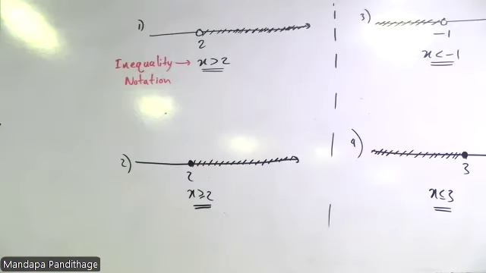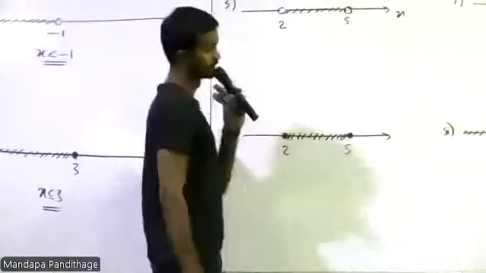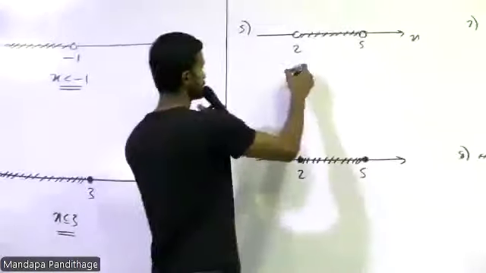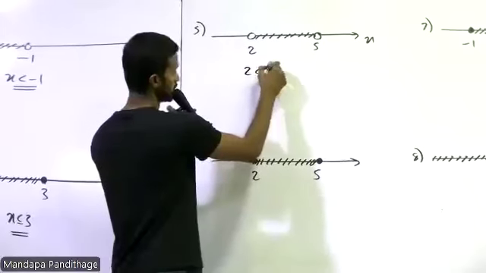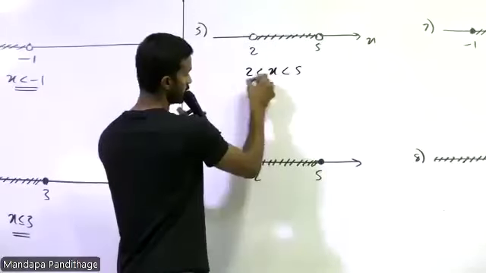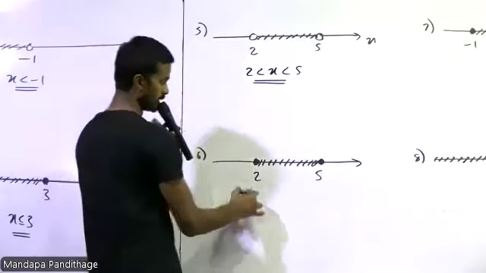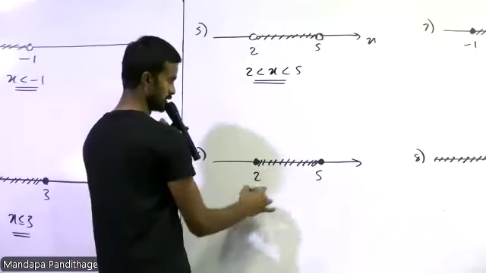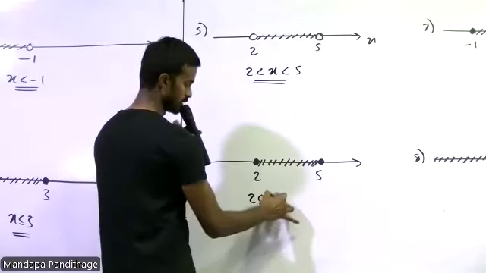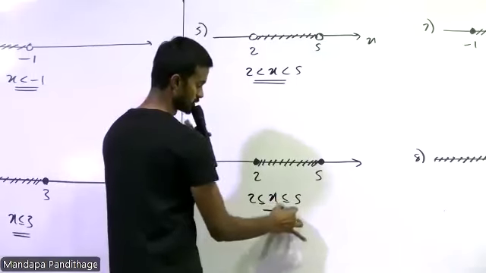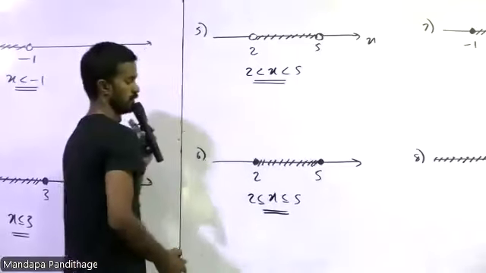Okay, so you can write these inequalities. Come to this one. X is greater than 2, but is less than 5. Here, since we have shaded these numbers, x is greater or equal to 2, but less or equal to 5.